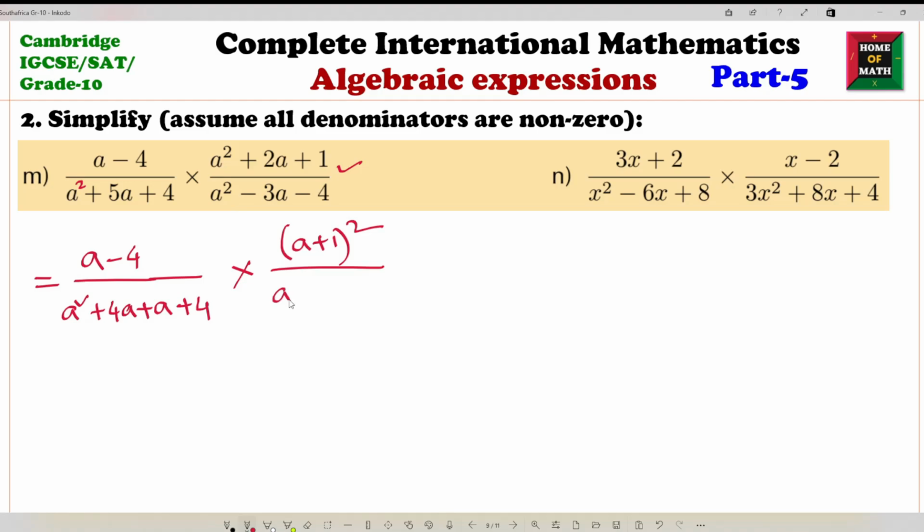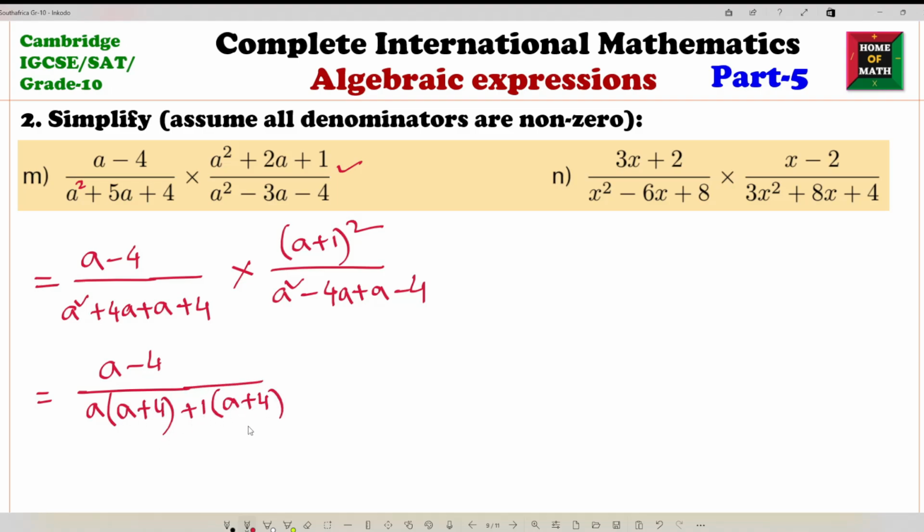And A square minus 3A minus 4 is A square minus 4A plus A minus 4. Then we take common A: A plus 4, plus 1 common, so A plus 4, times A plus 1 whole square, and A minus 4 plus 1 common, A minus 4.